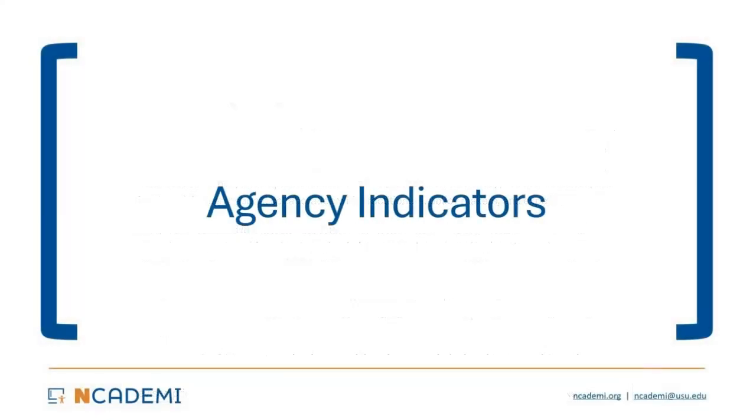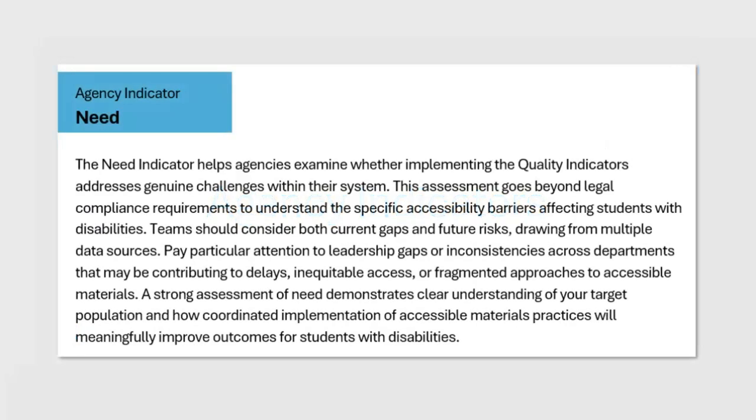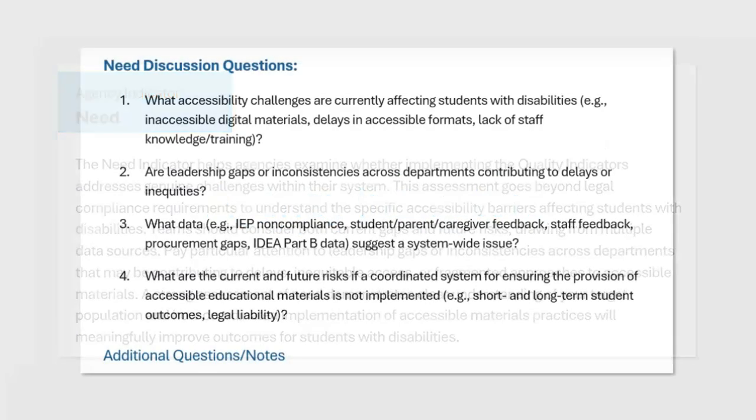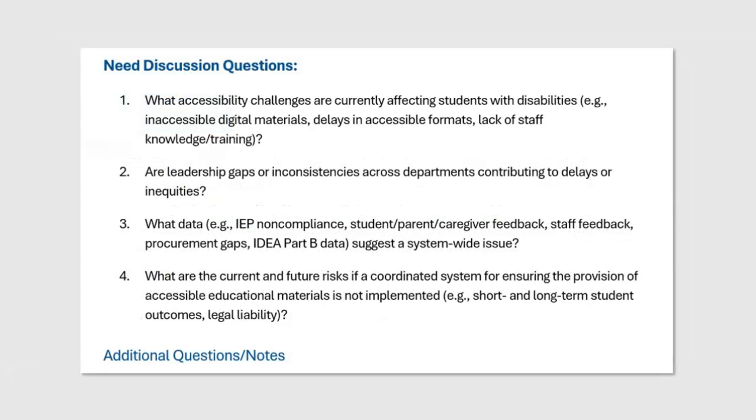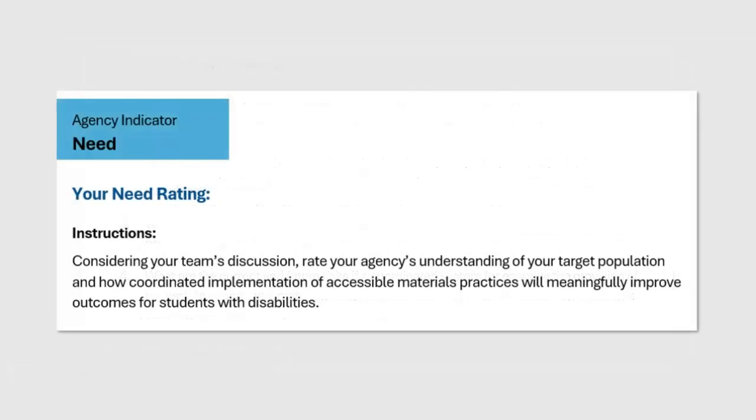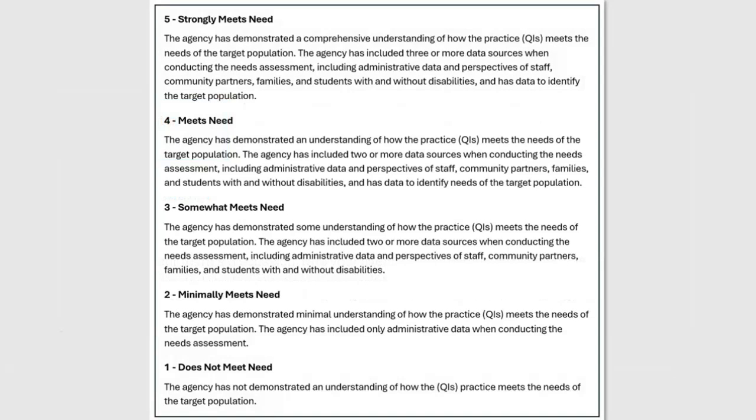The agency indicators have a slightly different format. They include a description of the indicator, discussion questions with space for notes, rating instructions, and detailed rating descriptions to help your team determine the rating that best reflects your current level of readiness.